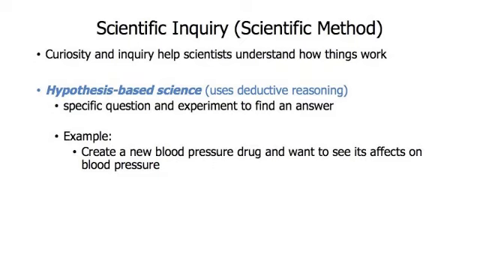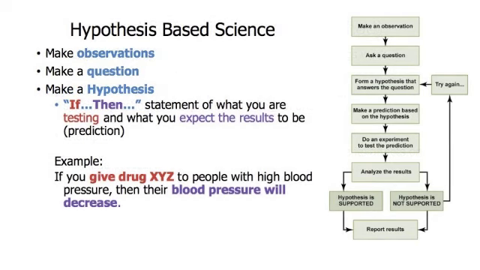From general premises, we extrapolate to the specific results we should expect if the premises are true. For example, if all organisms are made of cells, premise 1, and humans are organisms, premise 2, then humans are composed of cells, a deductive prediction about a specific case.